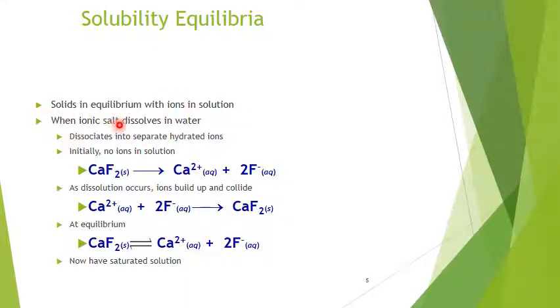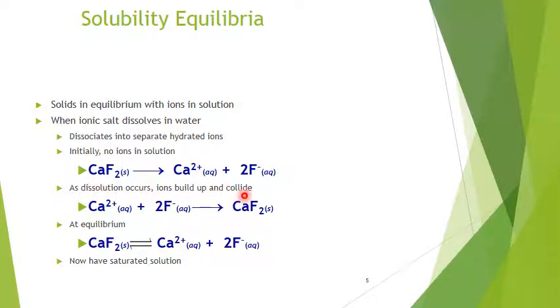When you put an ionic compound in water, it dissolves and separates into its ions. Initially, when you put the salt in water, there are no ions, and then it splits apart into its ions. Again, we talked about this in ionic equations. Calcium fluoride, when you put it in the water, splits into calcium and two fluorides.